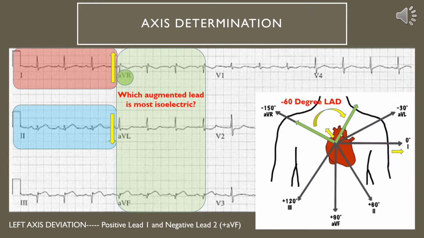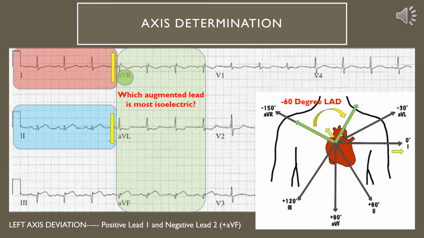On this one, we have a mostly positive lead 1 when looking at the isoelectric line and the QRS complexes. When we're looking at lead 2, we see a pretty good negative, almost isoelectric lead 2. So when we have a positive lead 1 and a negative lead 2, we know that we're going to deal with a left axis deviation.